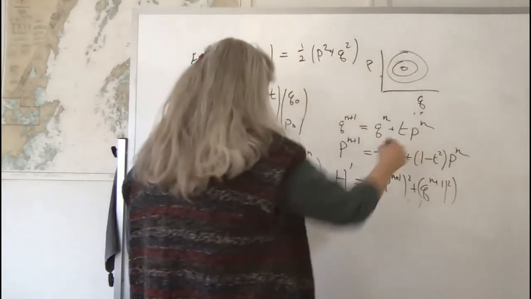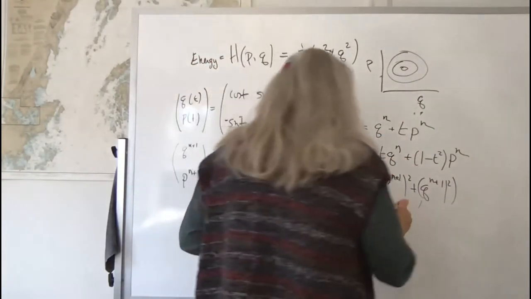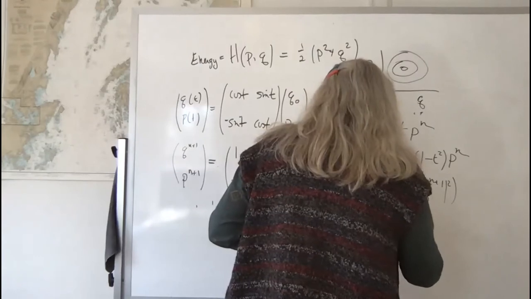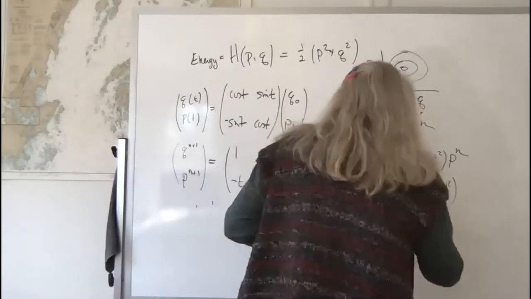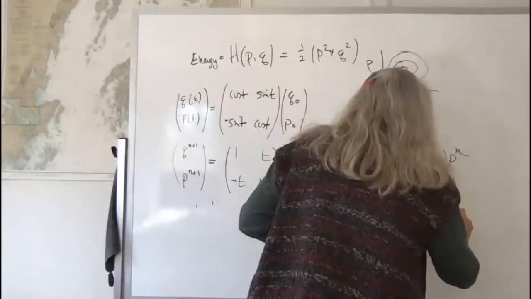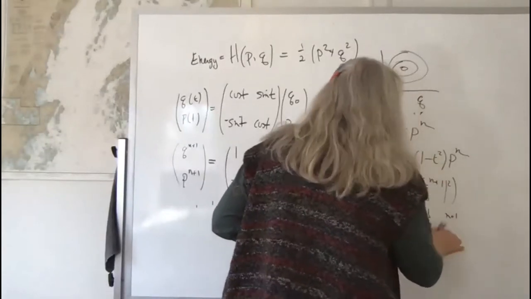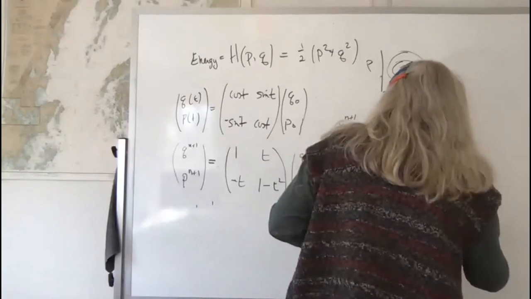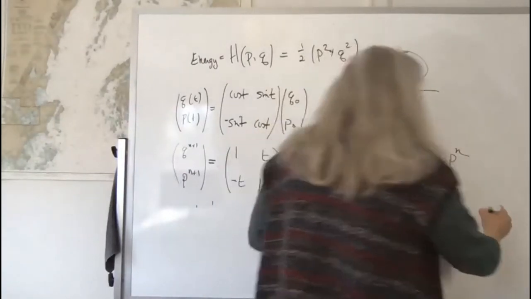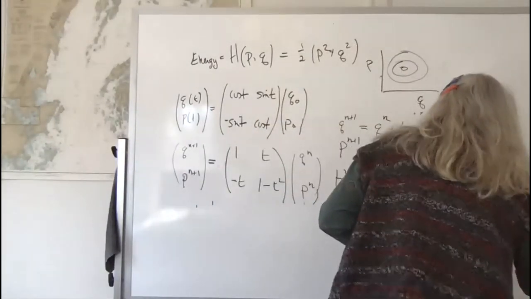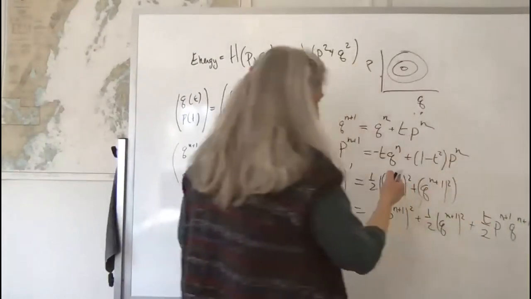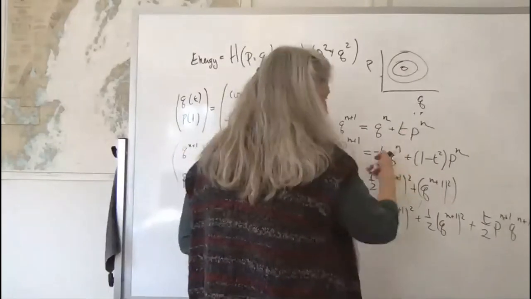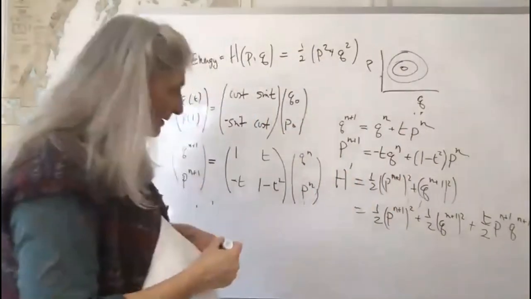When we plug these things in, what we get is 1/2 P n plus 1 squared plus 1/2 P to the n plus Q squared, and then you get this cross term. The cross term comes from these multiplied out.